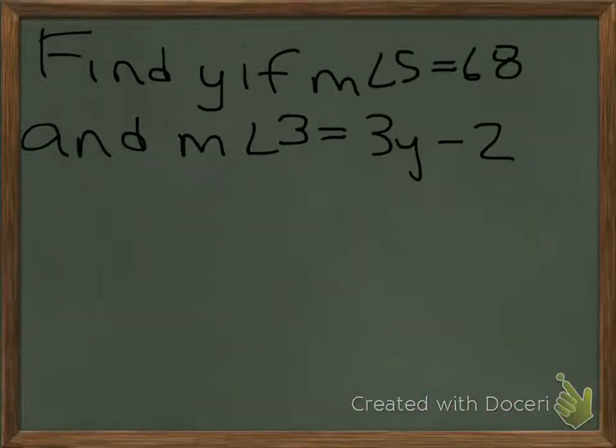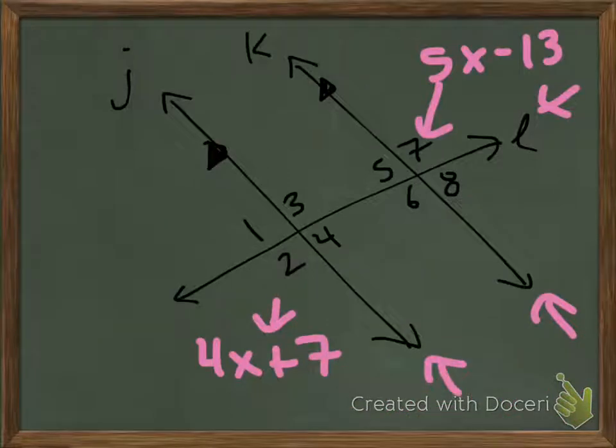Now the same idea with a diagram. It gives us angle 5 is 68 and angle 3 is 3y minus 2.